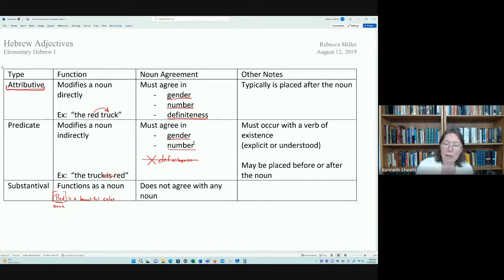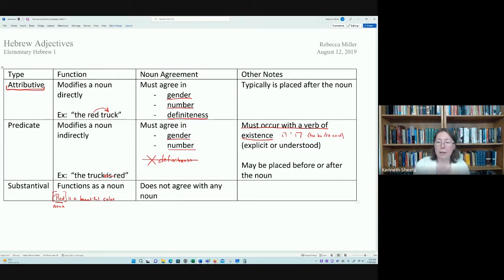Now, another thing to note as well, when we're dealing with a predicate adjective, it must occur with a verb of existence. That is a form of the Hebrew verb haya, that idea of to be or to exist.